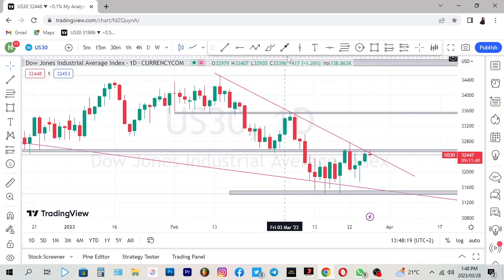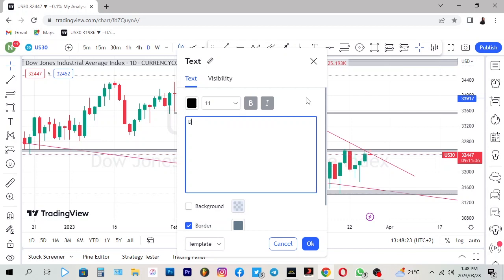Let me just write this down: diagonal resistant trend line.